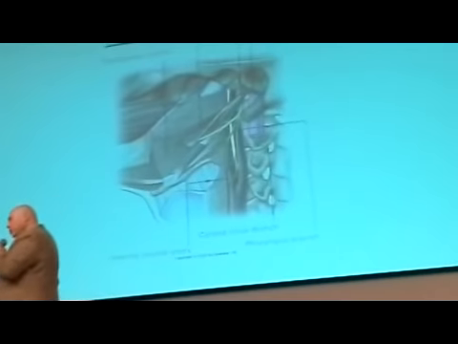The relation of the tongue, motor and sensory. The motor: all muscles of the tongue are supplied by the hypoglossal nerve except the palatoglossus, from the vagus.